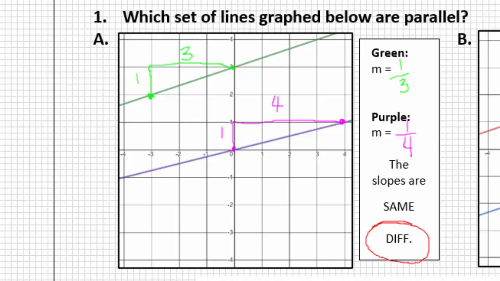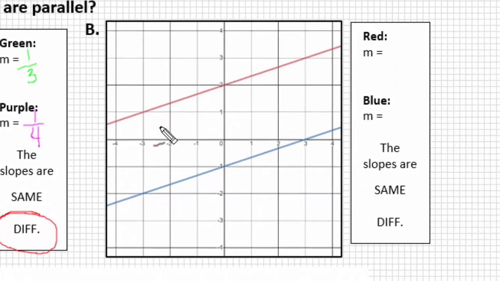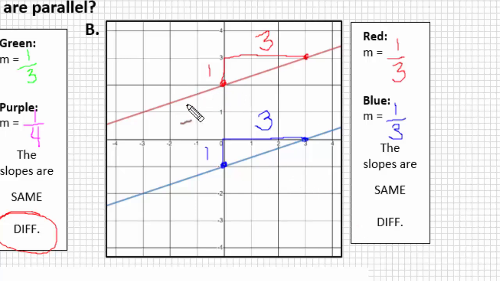Let's try the same thing on graph B, so maybe pause the video here, find the slope of each line, and then let's see how they compare. Alright, what did you get? For the red line, I used the point 0, 2 and 3, 3, and drew in my slope triangle, found that the slope went up 1 over 3, so the slope of the red line was 1/3.